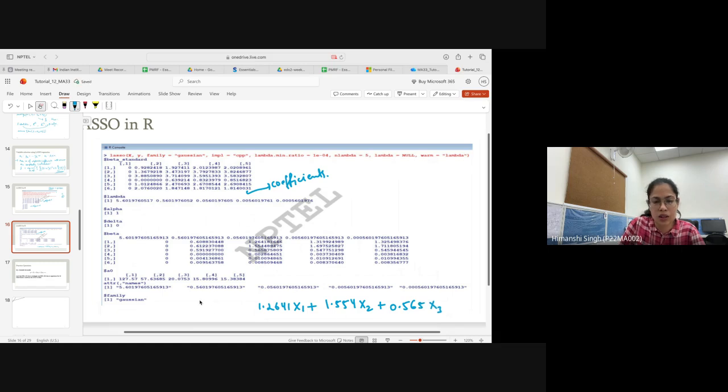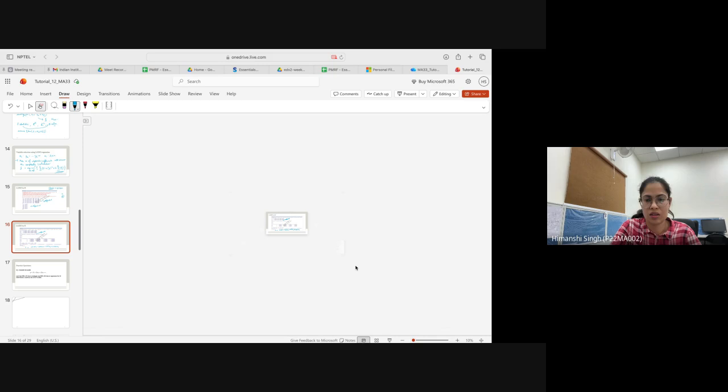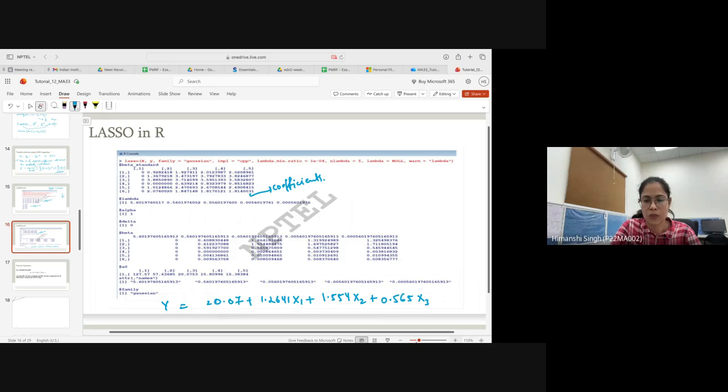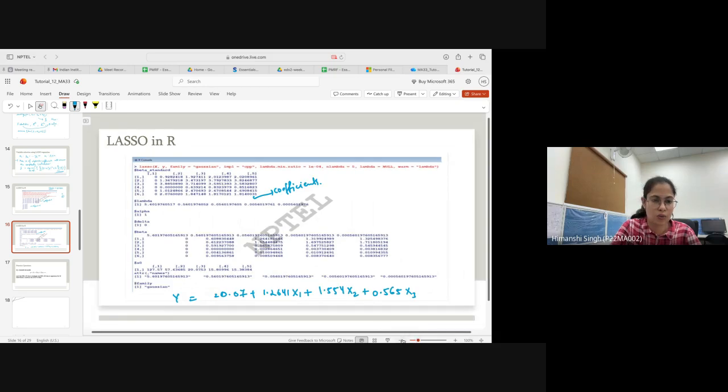And the intercept term will be this third one, 20.07. So this fitted model we can consider and do the further analysis. So this is the output for this.